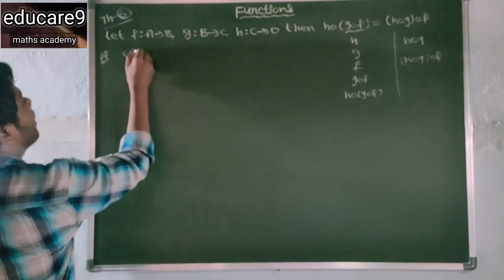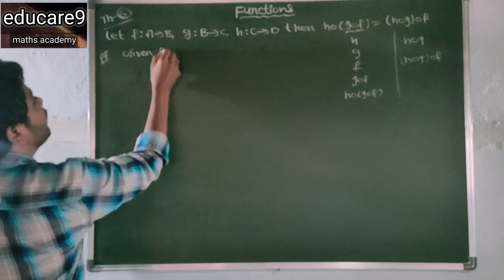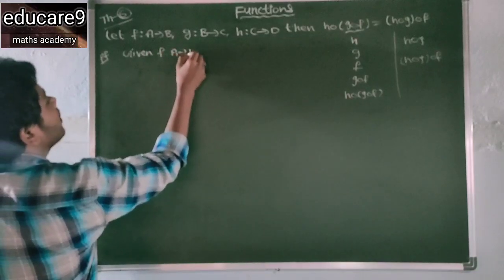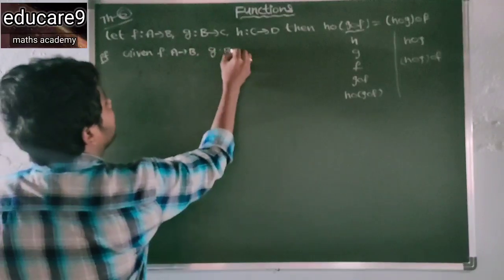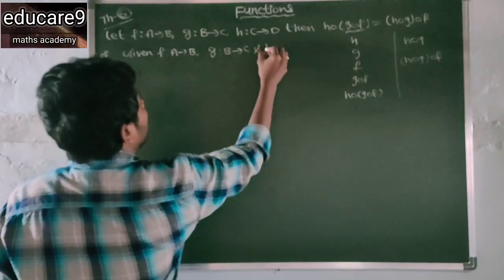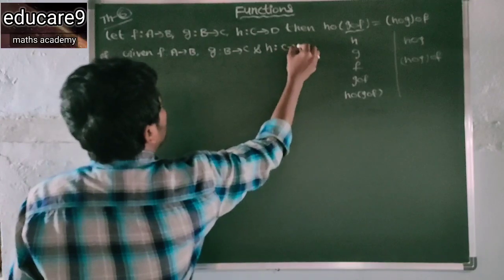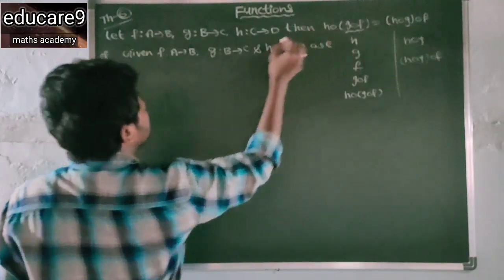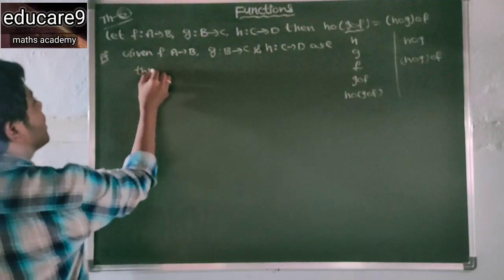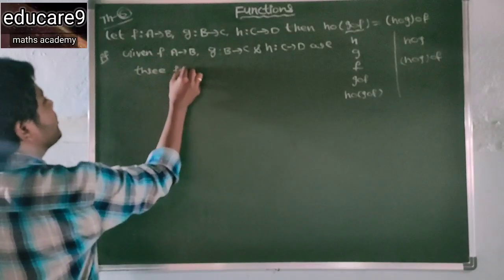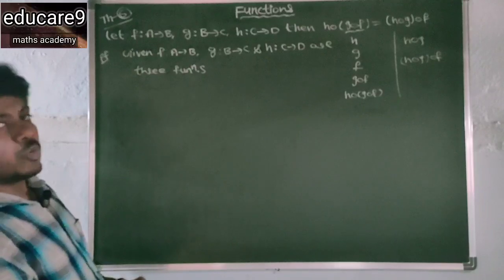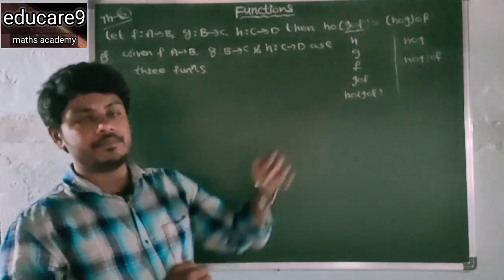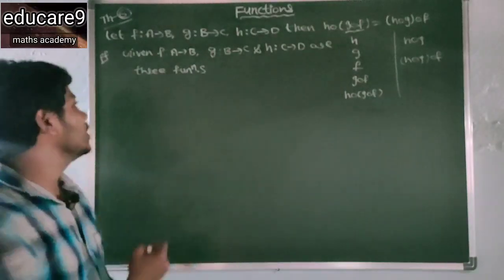So given F from A to B, G from B to C, and H from C to D are three functions. Now we want to write G circle F. So how to write G circle F?